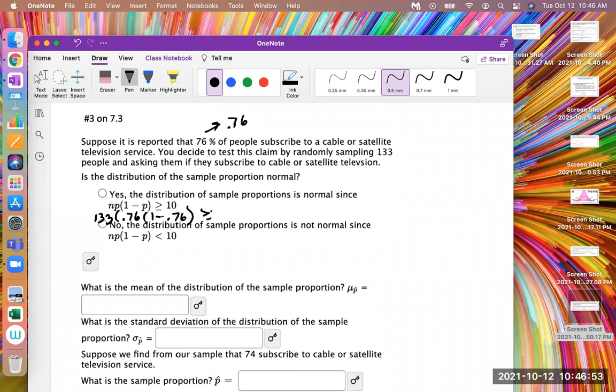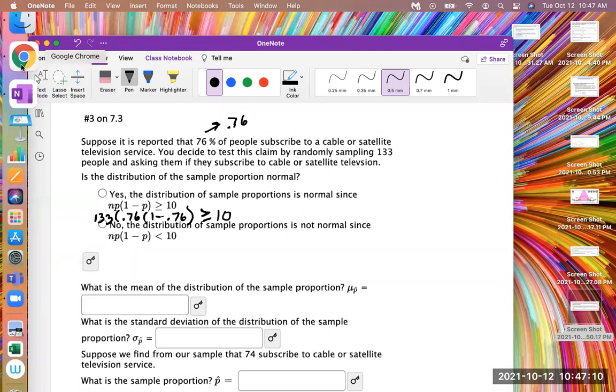And we're going to see if this is a true statement. Is 133 times 0.76 times 1 minus 0.76 greater than or equal to 10? We're going to find that out. I can just use the calculator to calculate this for me.